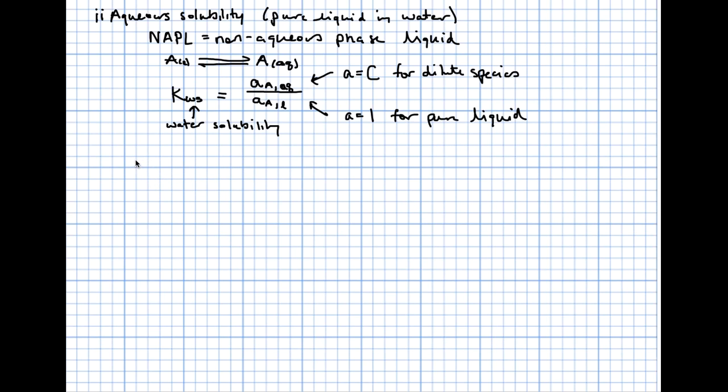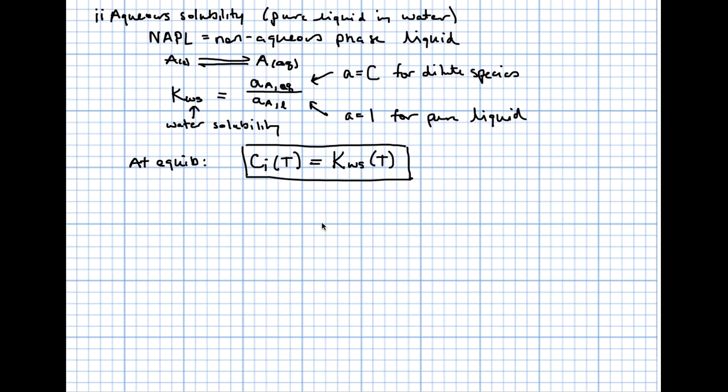So that allows us to restate this relationship for the equilibrium condition. So we can say that the concentration of the species at the stated temperature is just equal to the water solubility at that temperature. And that is a constant at that particular temperature.